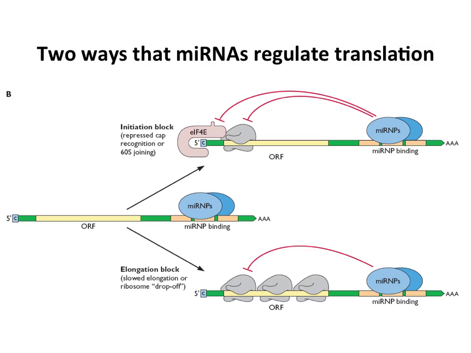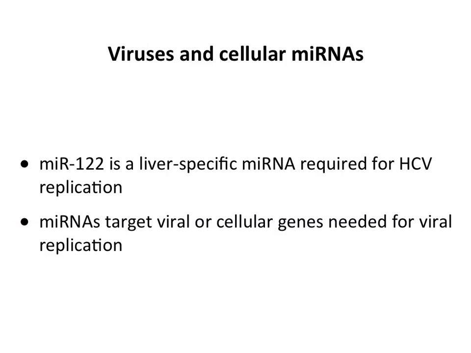So what's the relevance to viruses? Here's one example of a really interesting microRNA. This is called miR-122, so that's the terminology, microRNA, and they're given numbers. And this one is liver-specific. It's only found in the liver. And it is required for the replication of hepatitis C virus. So if you take away this microRNA, you can do this in cell culture.